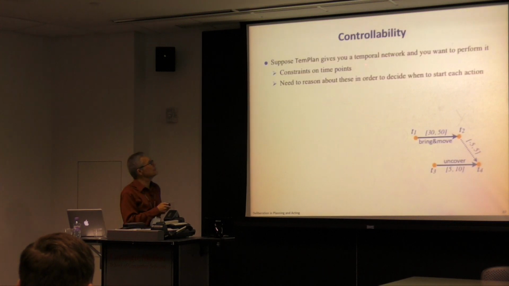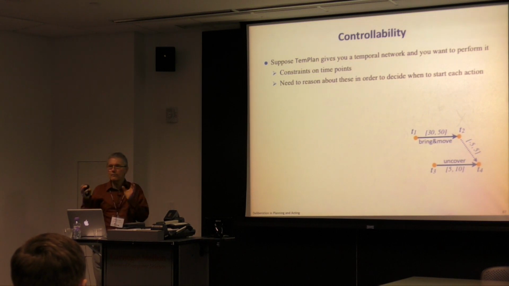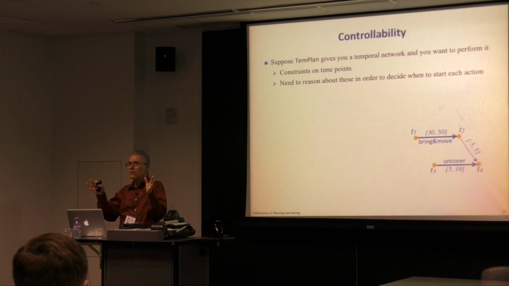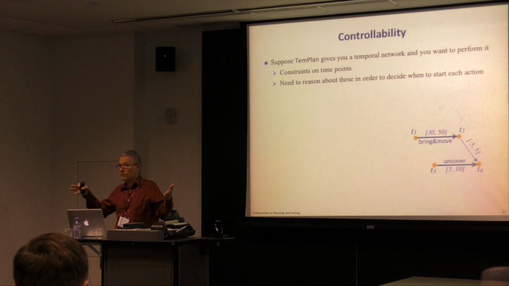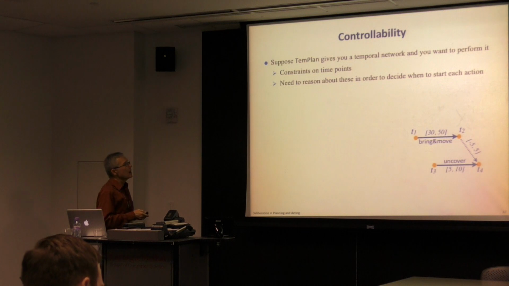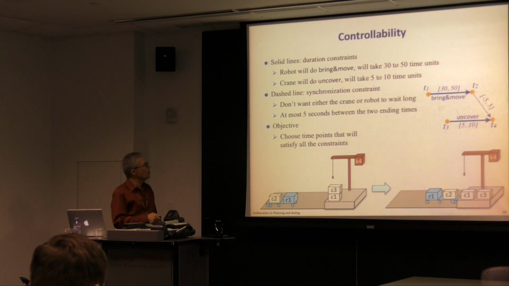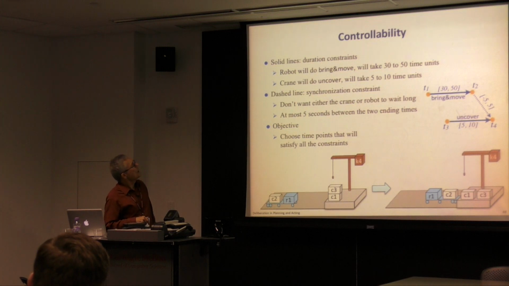Suppose that Templan gives you a temporal network and you want to perform it. Well, you have constraints on the time points, and those give you some intervals during which you can start some of your actions, and you need to reason about when you actually want to start them. So we're going to use this simple example here. Suppose that we have a robot that is going to do an action called bring and move.